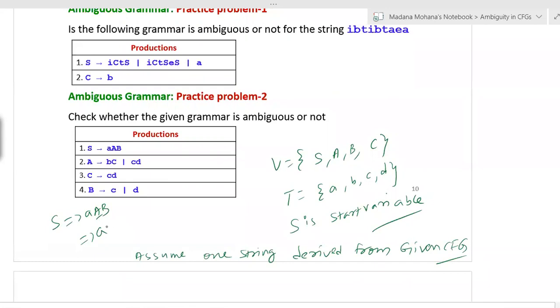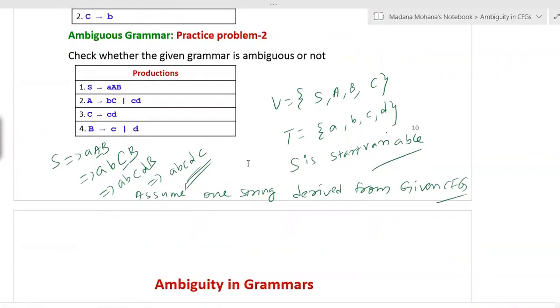Suppose you take BC, B. Now again we have C. In place of C, we have only one substitution, that is CD. B. Now in place of B, either C or D. Now A, B, C, D. Suppose take C. So A, B, C, D, C. Let us take this. For this, find the two leftmost derivations or two rightmost derivations.